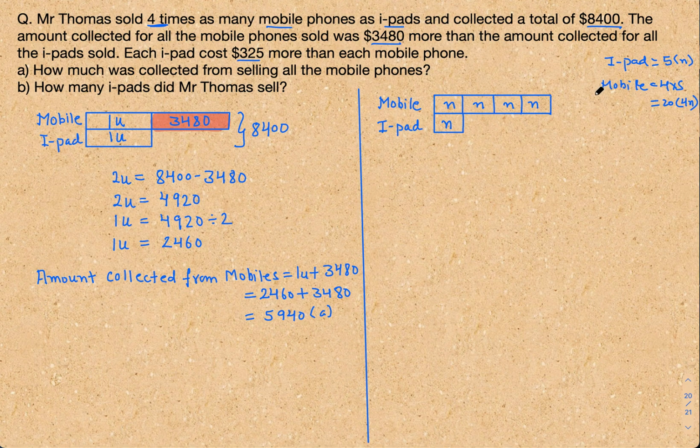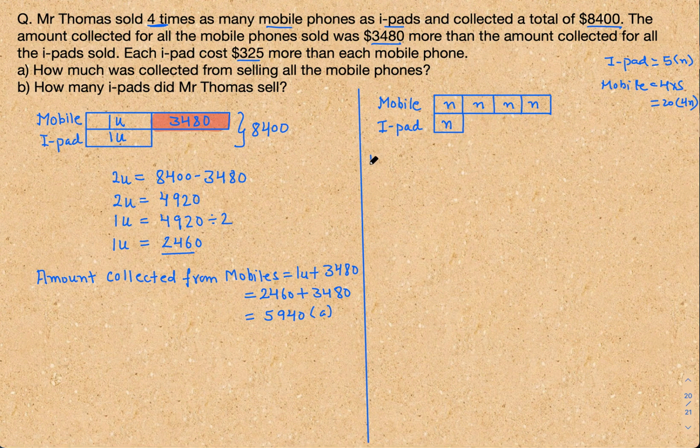Now, given that Mr. Thomas sold n number of iPads and 4n number of mobile phones, we know how much money was collected by selling n number of iPads and how much money was collected by selling 4n number of mobile phones. The money collected by selling n number of iPads is 2460.